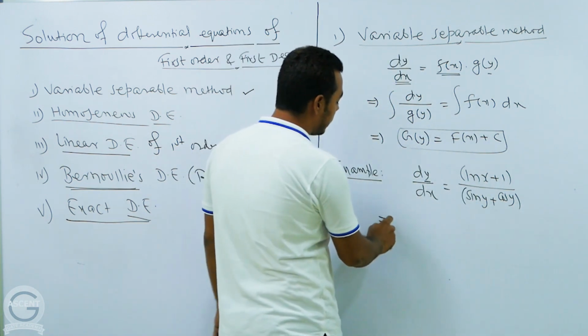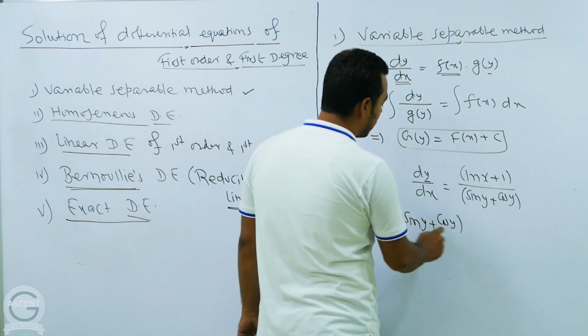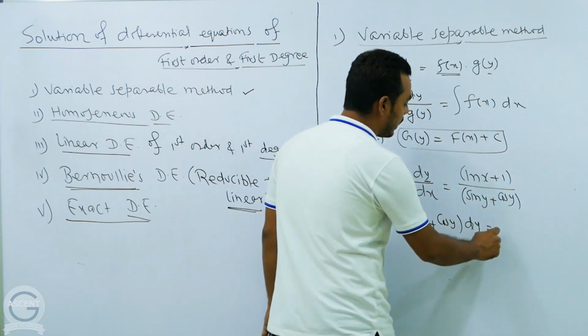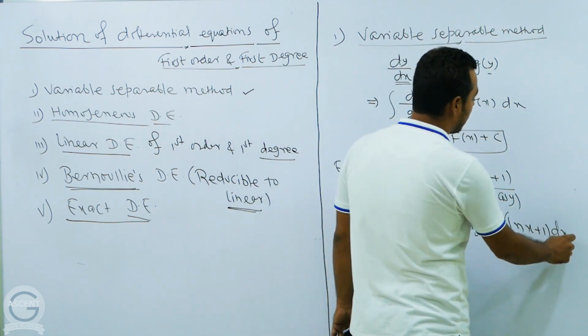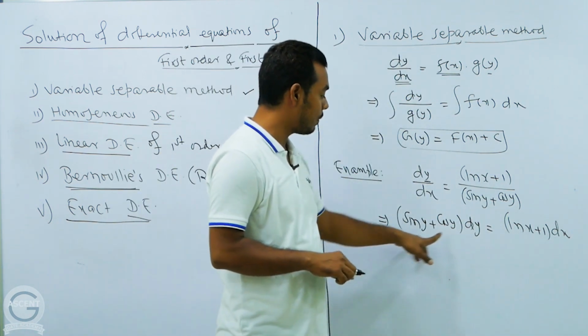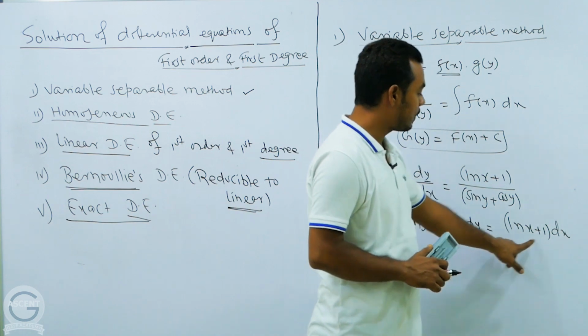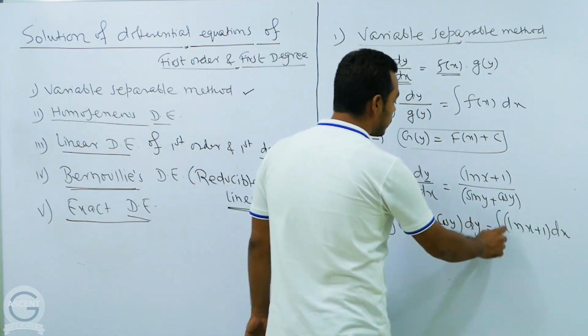So you can write this relation as (sin y plus cos y) dy equals (log x plus 1) dx. Once you have separated the variables, you can integrate both sides to get the solution.